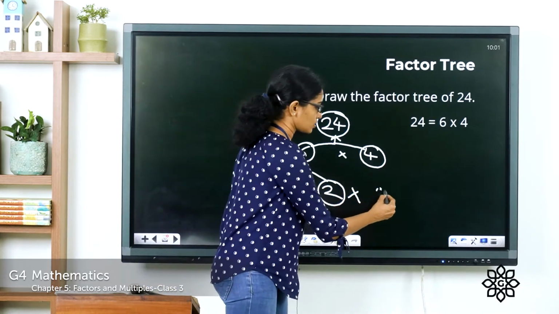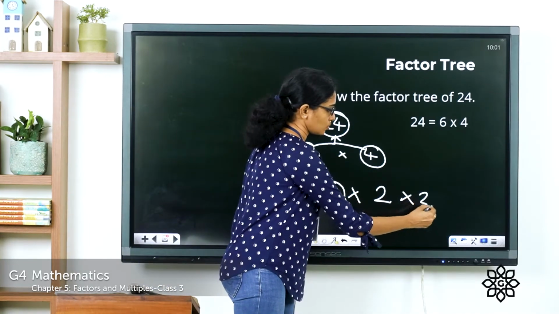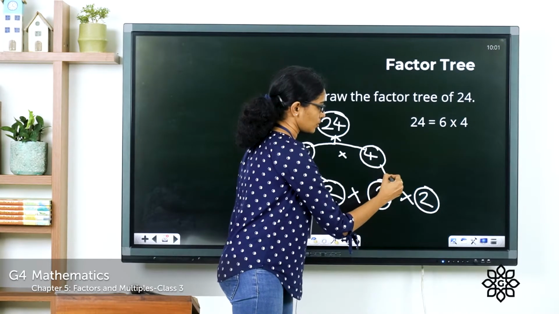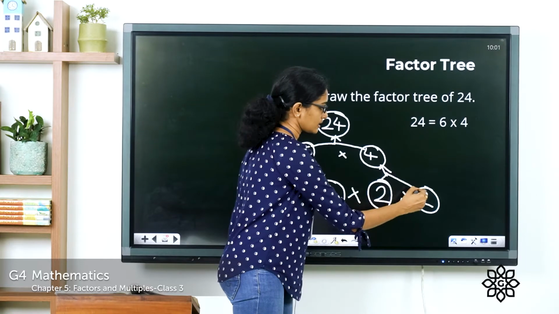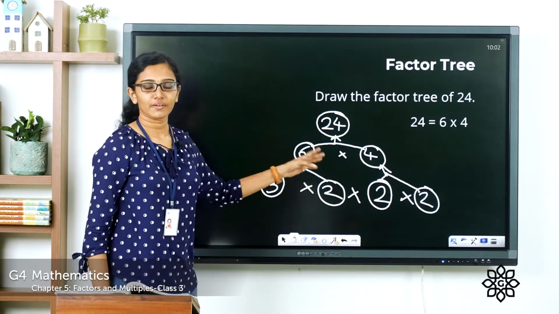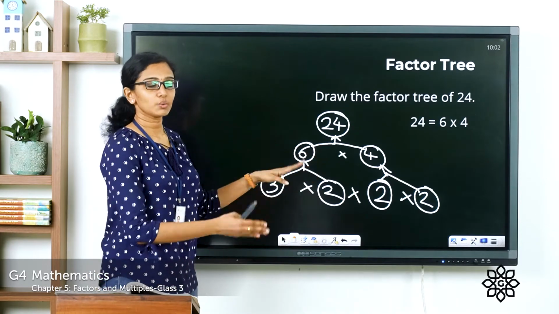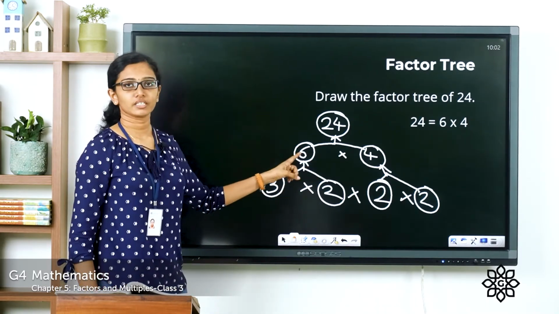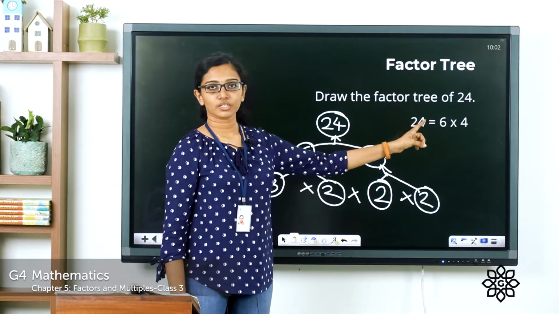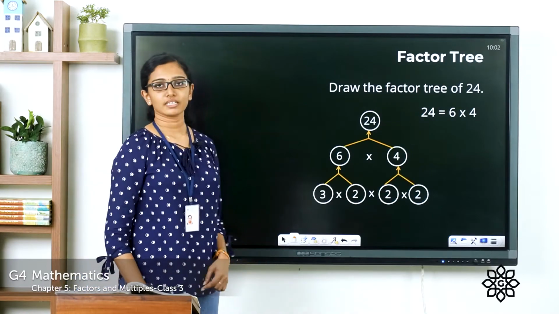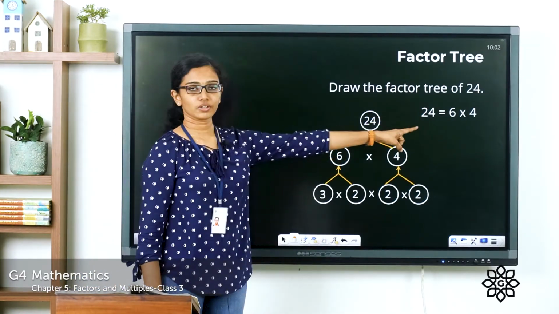So let's write 2 into 2 here, and we have to draw arrows to represent this number was split into these two factors. Here you have a diagram which looks like an inverted image of a tree, right? So this is called the factor tree of 24 is equal to 6 into 4. So this arrangement here is the factor tree for this representation.